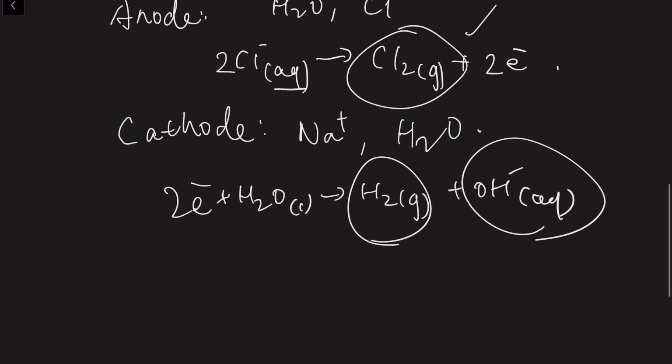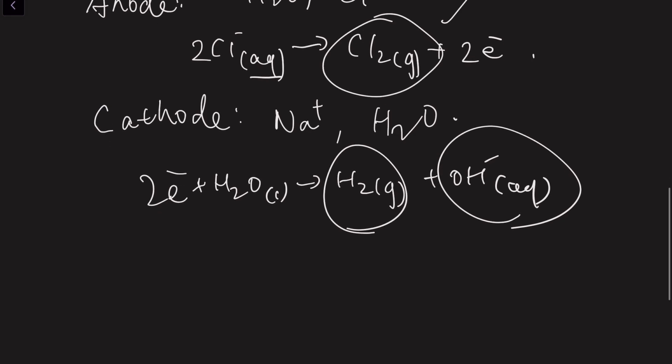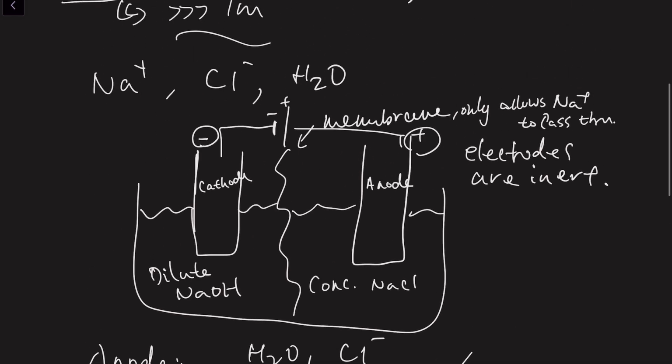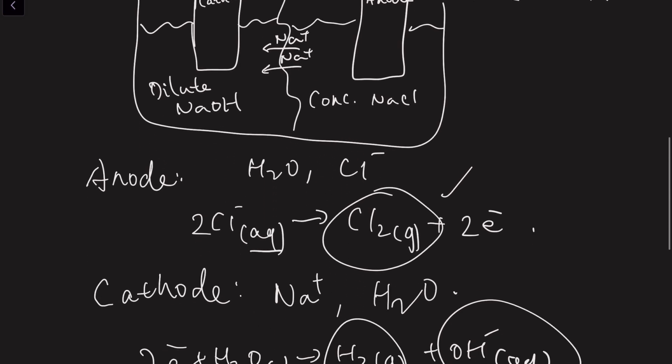And then we have another problem. We know that we got accumulation of the hydroxide ion at the cathode, so the charge is not balanced. So that's when membrane cell becomes important. It allows the positive sodium ion to go towards the cathode, and in that way, the charge is balanced.